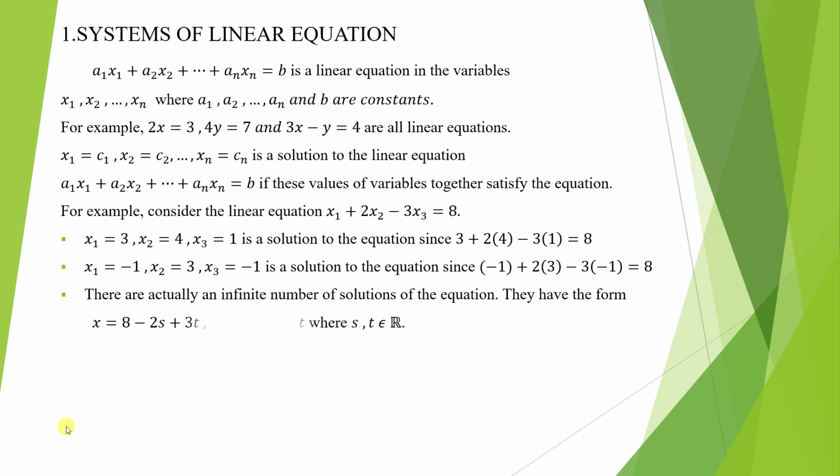They have the form x1 equal to 8 minus 2s plus 3t, x2 equal to s, and x3 equal to t, where s and t belong to R. So this equation we can solve in the real numbers.